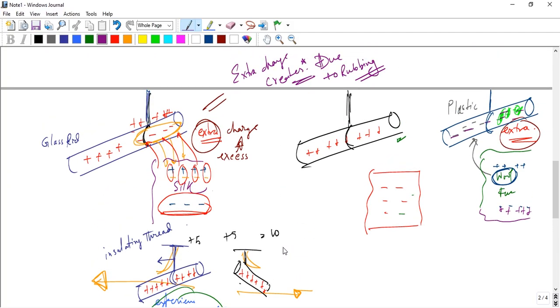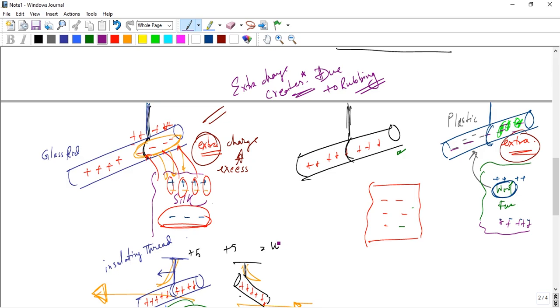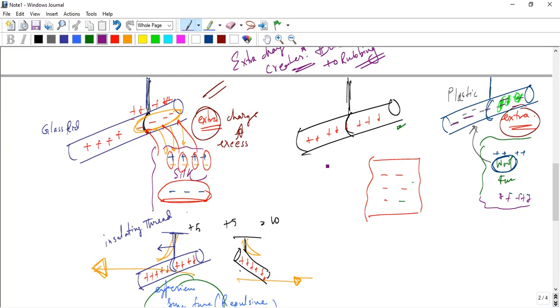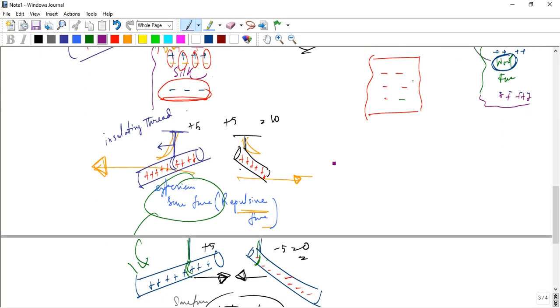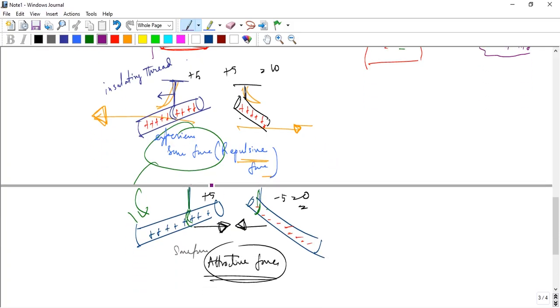This rubbing with the comb created some extra charge, excess charge. So we can conclude that like charges repel: minus minus repel, plus plus repel, and plus minus or minus plus, unlike charges attract.